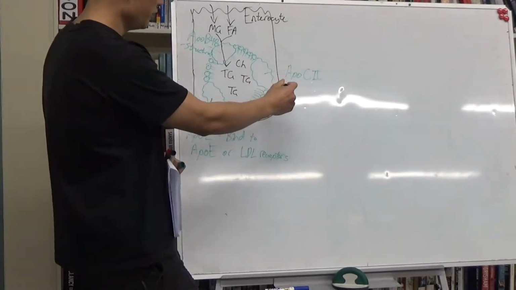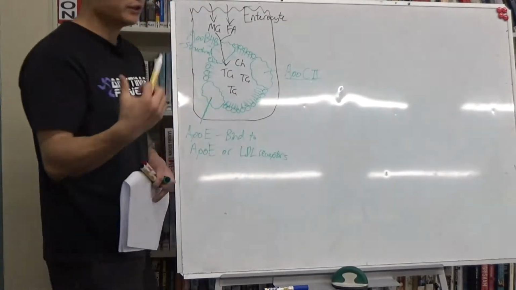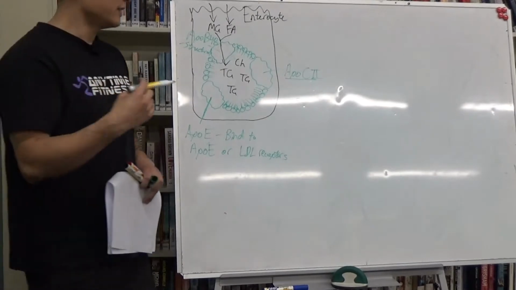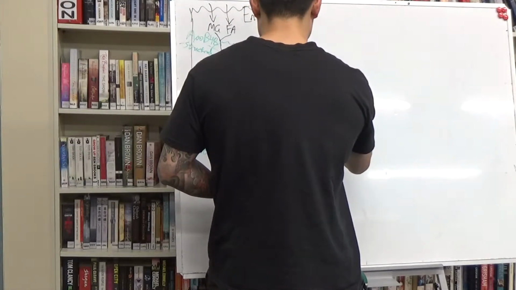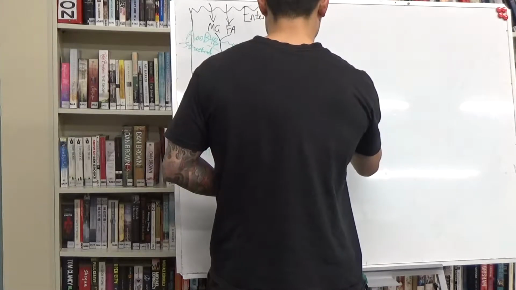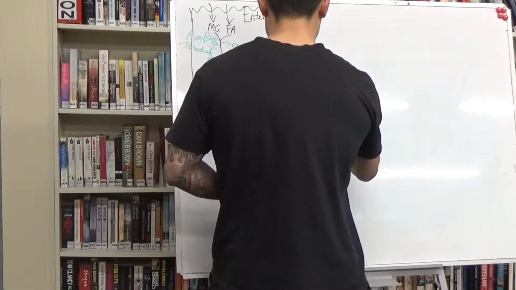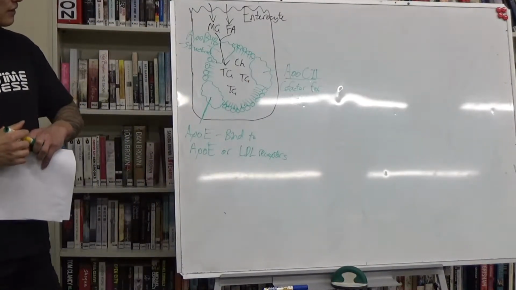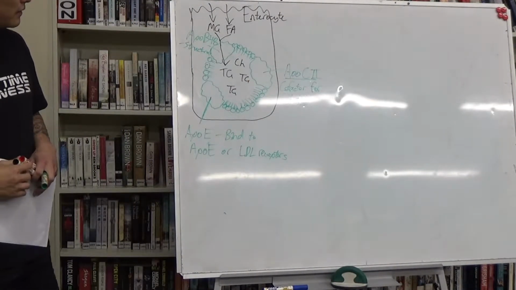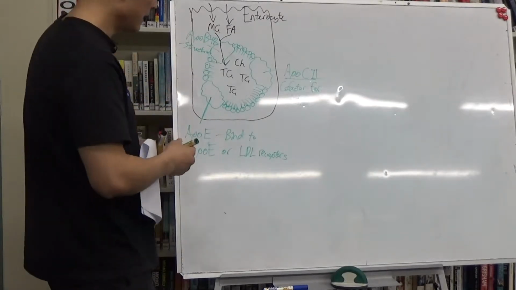Now, ApoC2 is probably your most important one to remember, because ApoC2 will act as a cofactor. So I mentioned this before. It's the cofactor for lipoprotein lipase. Okay, so this is for your chylomicron.